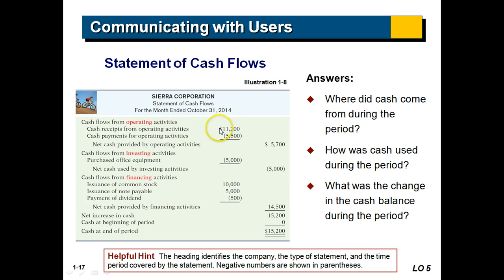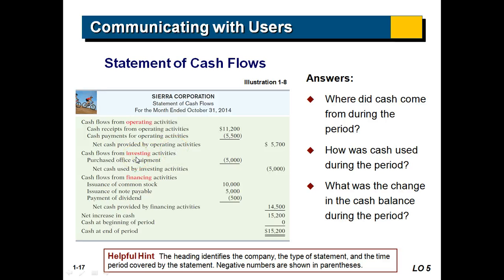So often this is cash receipt from customers, cash paid for operating activities. So typical operating activities would be utilities, wages, advertising, taxes, and all of that sort of thing. And so cash will be paid out for that. And again, it is the cash paid for those items and the cash received from that.